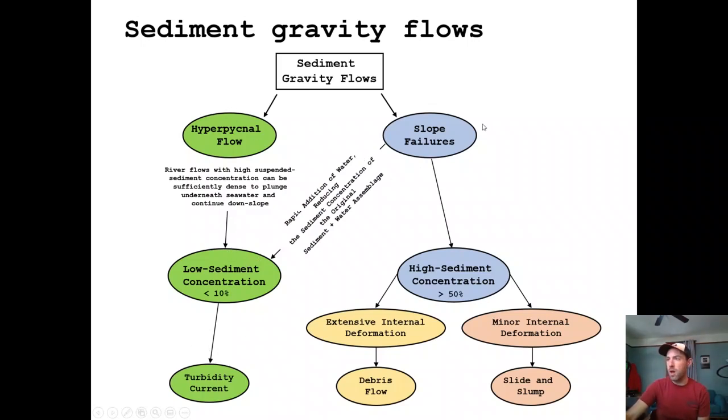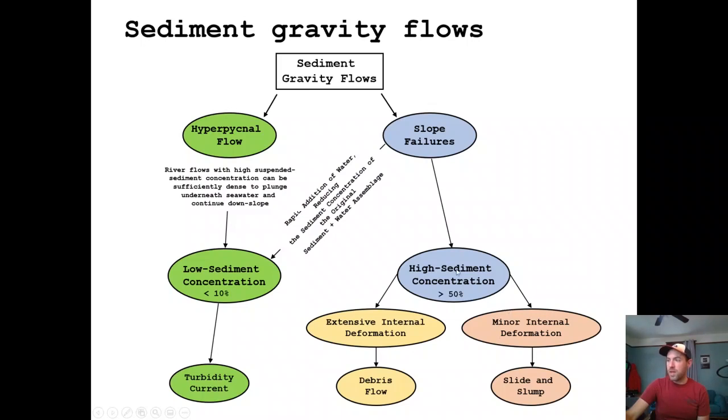Okay, this would be more likely to be the most common, I would say. Slope failures would be the more common generator of turbidity currents, at least in my understanding of how these systems work.